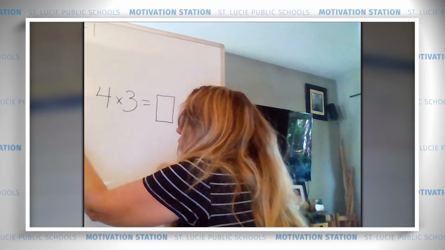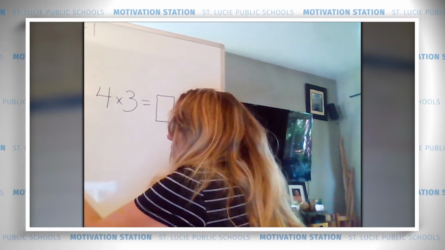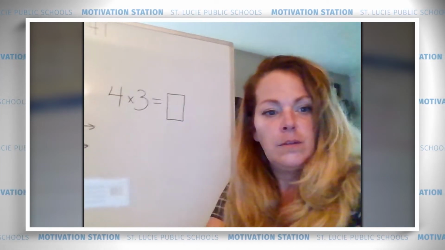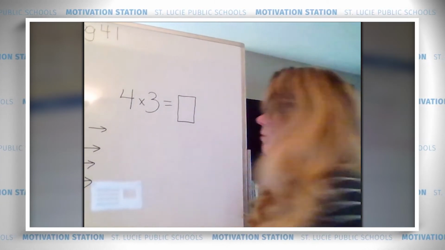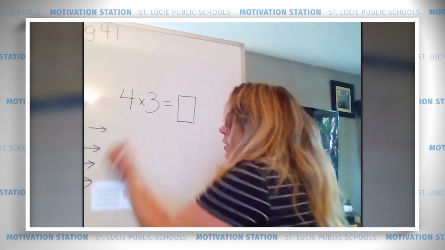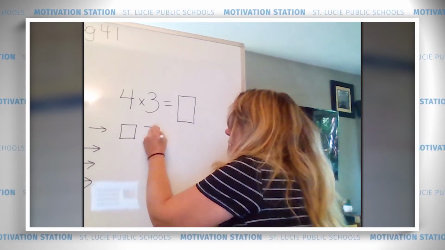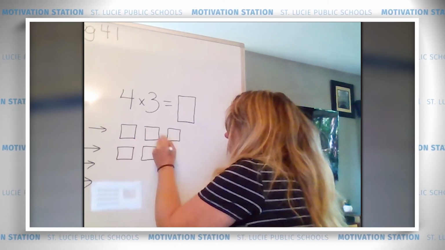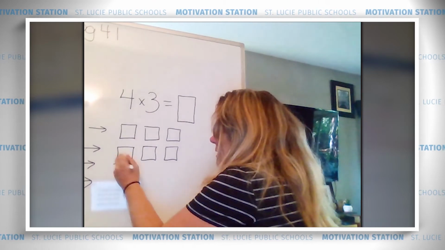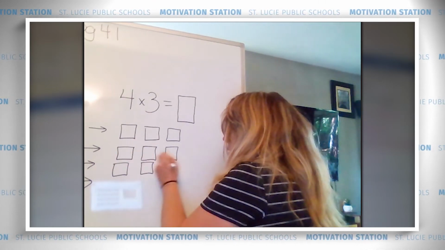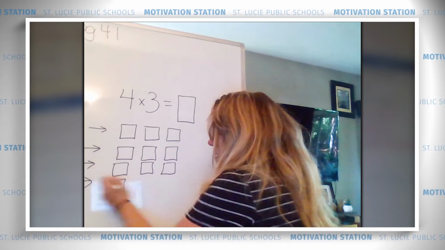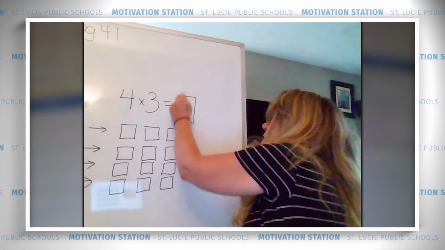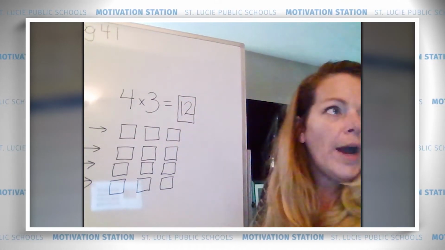Remember, rows go this way, across, horizontally. So I've got 4 rows, and I'm going to put 3 tiles in each row. That gives me 6, 7, 8, 9, 10, 11, 12. Okay, so I got 4 times 3 has a product of 12.